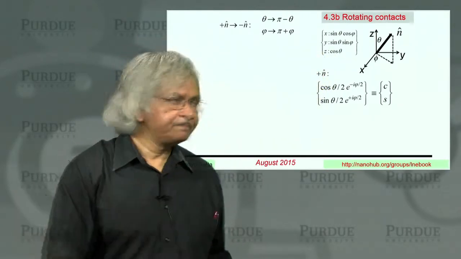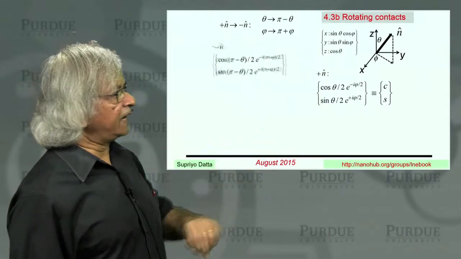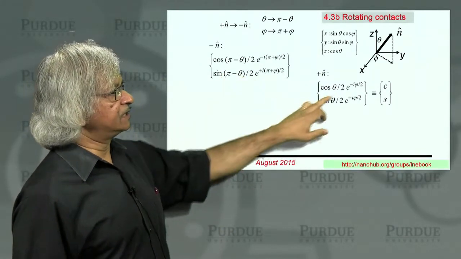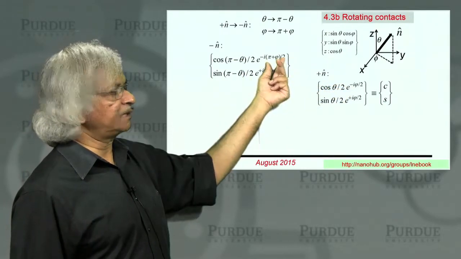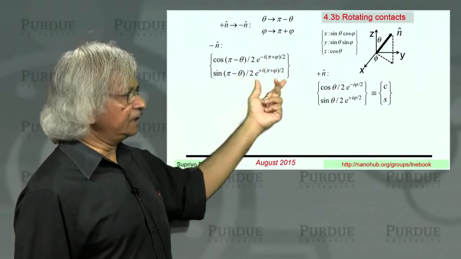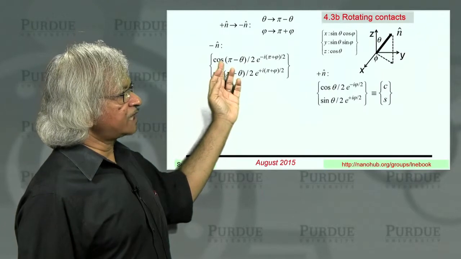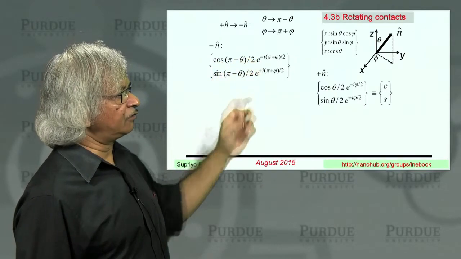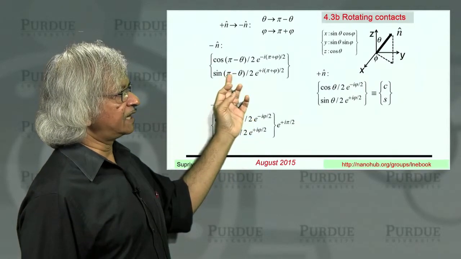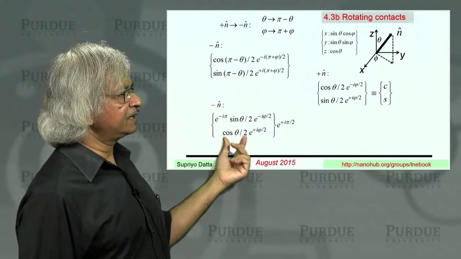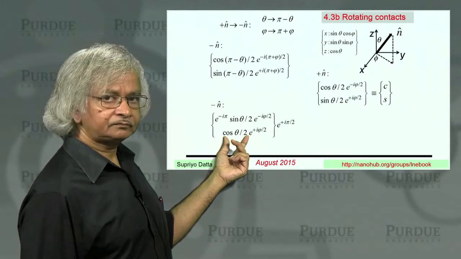You can check that. But with the spinor, when we do that, instead of theta, we would put pi minus theta. Instead of phi, we would put pi plus phi. Same here. And now, you see cosine of (pi over 2 minus theta over 2), that's actually sine theta over 2. Similarly, sine of (pi over 2 minus theta over 2), that's like cosine theta over 2.